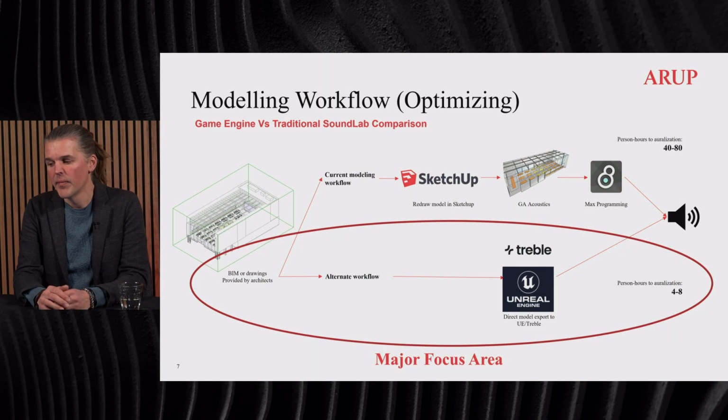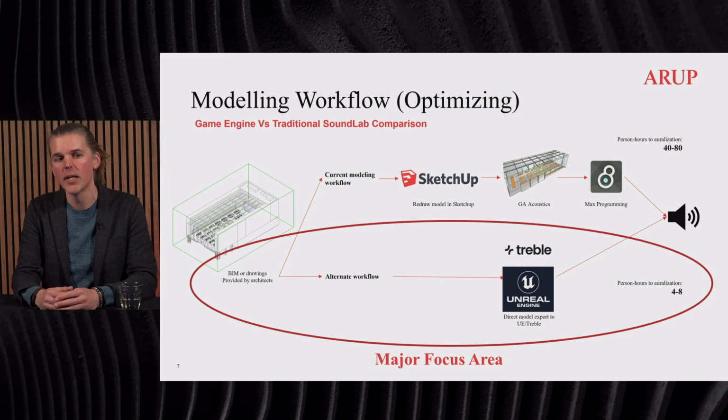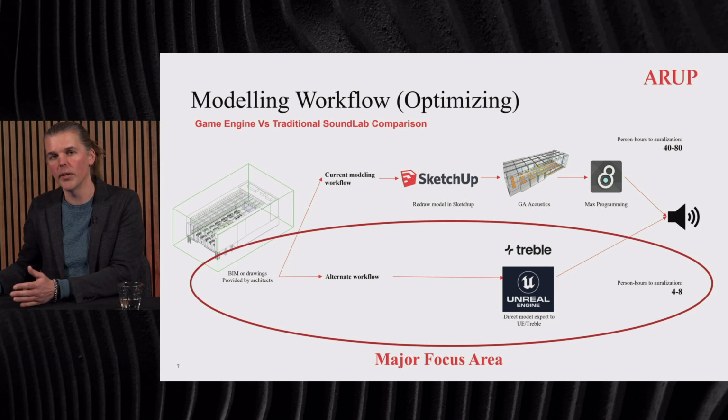One thing we're always looking for within the Sound Lab context is efficiency. Because we're using so many different platforms and so many different techniques, there's often a bottleneck somewhere in the process.